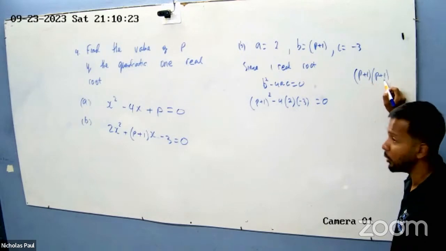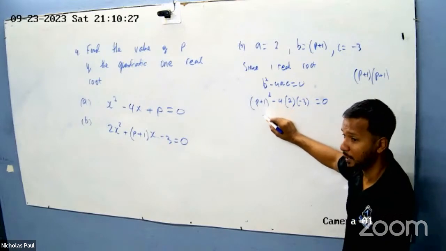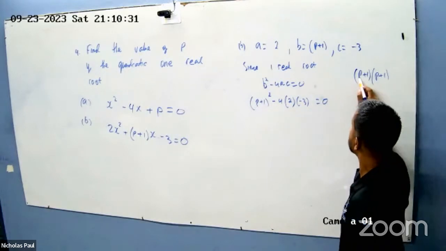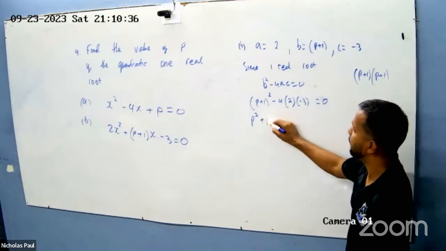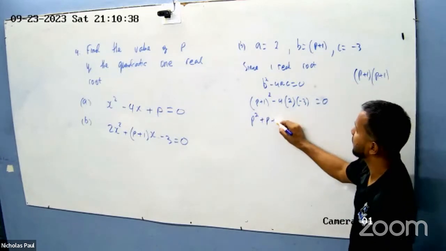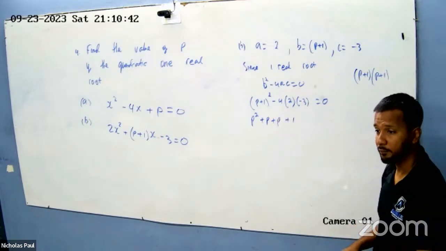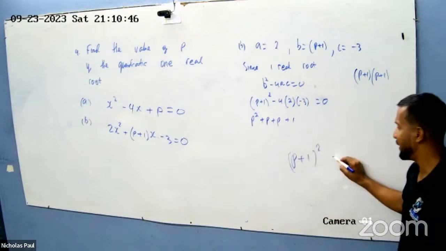Do not write p squared plus 1 squared. So p by p is p squared, p by 1 is 1p, 1 by p is 1p, 1 by 1 is 1.